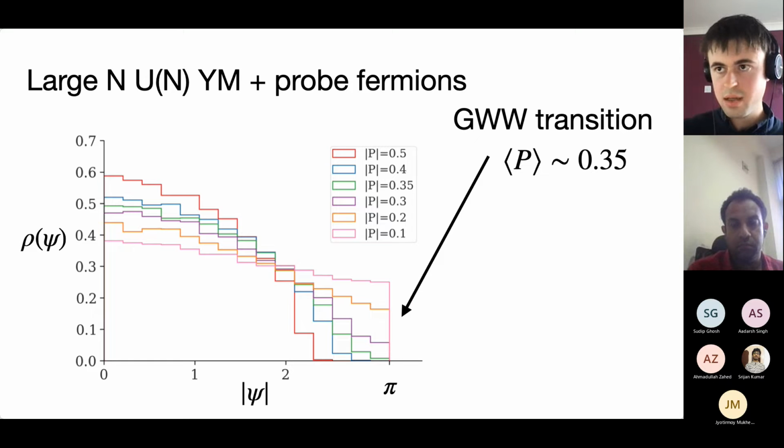So the way we'll test it is by first finding where the transition occurs between the partially confined and the deconfined phase, so where the Gross-Witten-Wadia point is. And we find that at the given temperature that we're looking at, it occurs around P equals 0.35. So that's a number to remember.